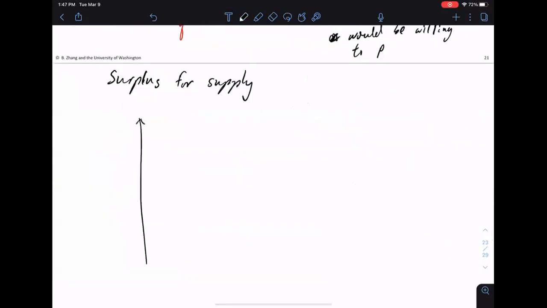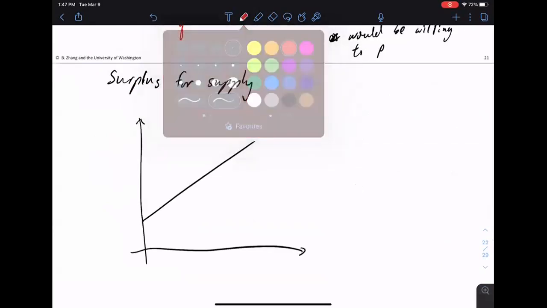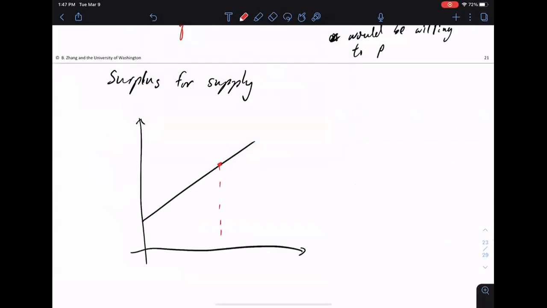It's very similar because if this is, say, your supply curve, and this is, say, Q star, pi star.